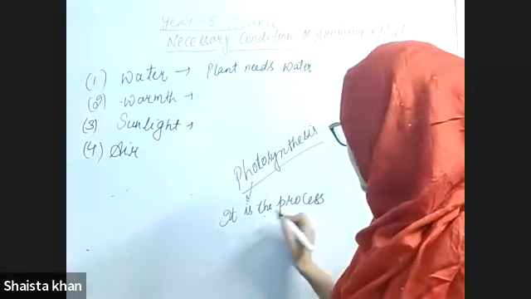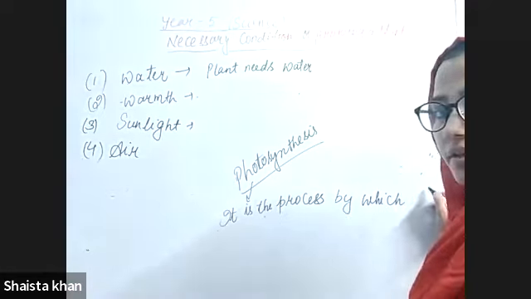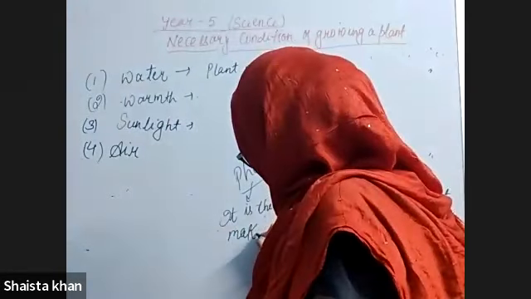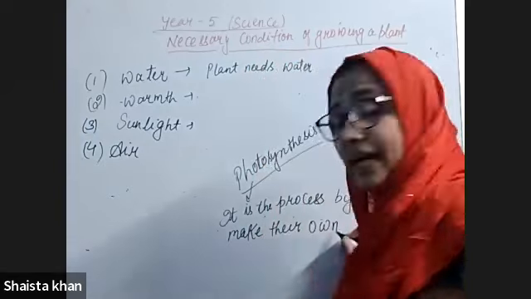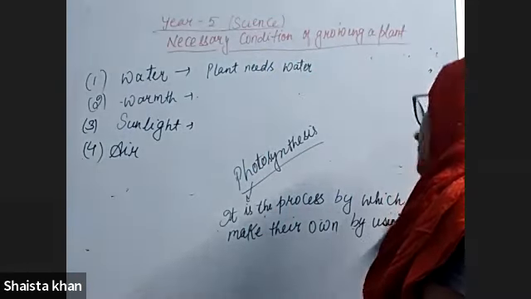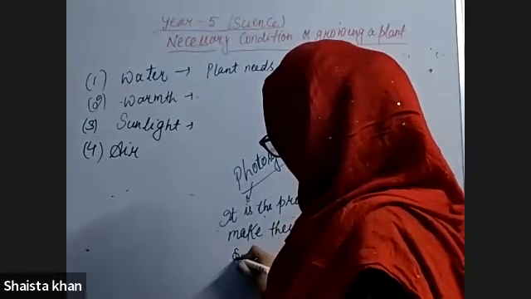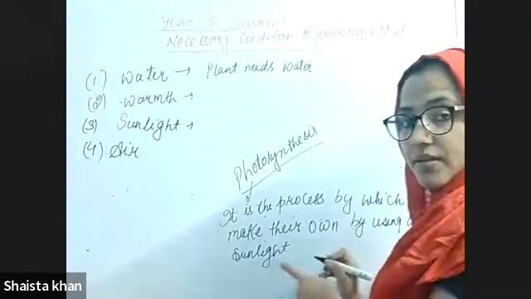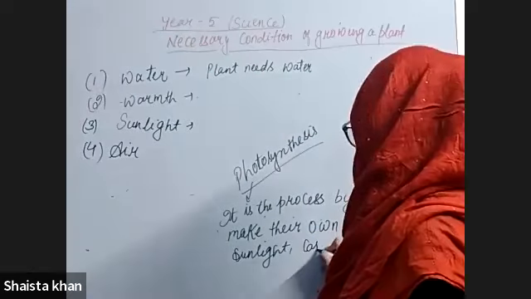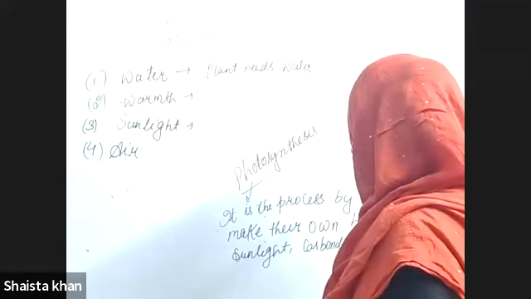You can write down in your notebook: photosynthesis is the process by which plants make their own food by using water, sunlight, air, in the sense carbon dioxide, and chlorophyll.